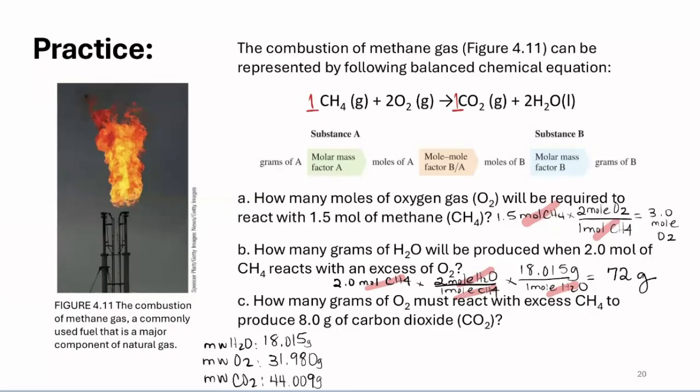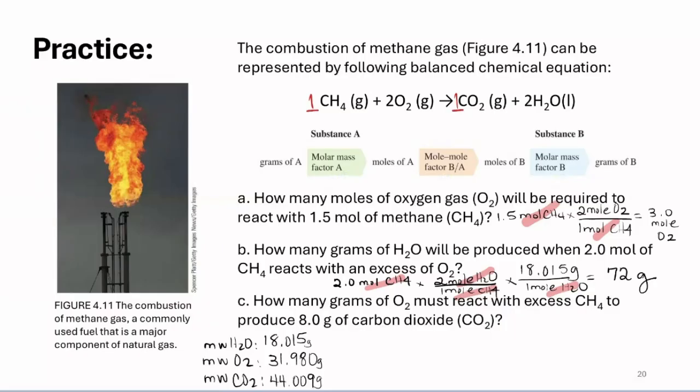In order to complete that, we must do the following conversions from, in this case, grams of CO2 to moles of CO2, from moles of CO2 to moles of O2, from moles of O2 to grams of O2, which means that we're going to use 1, 2, 3 conversion factors.